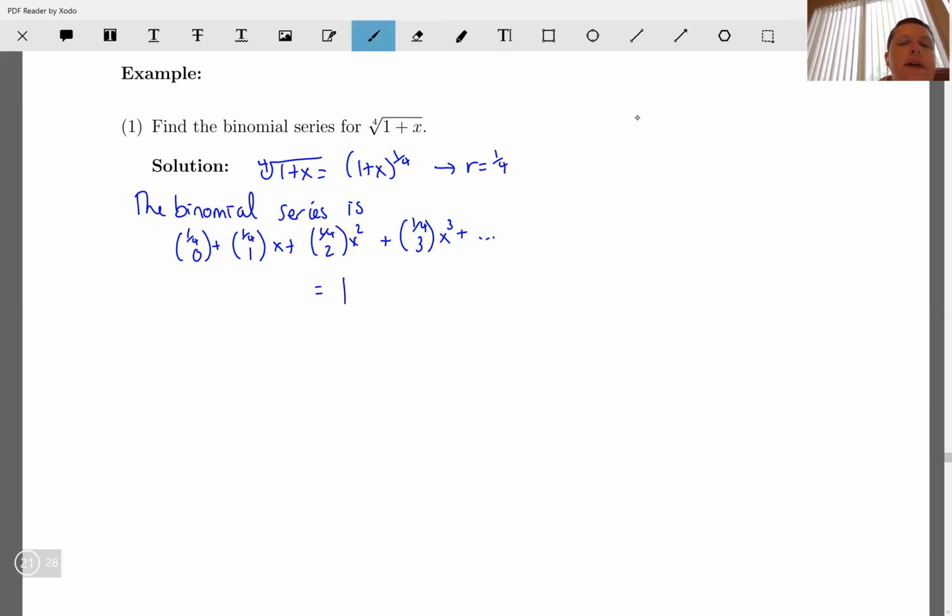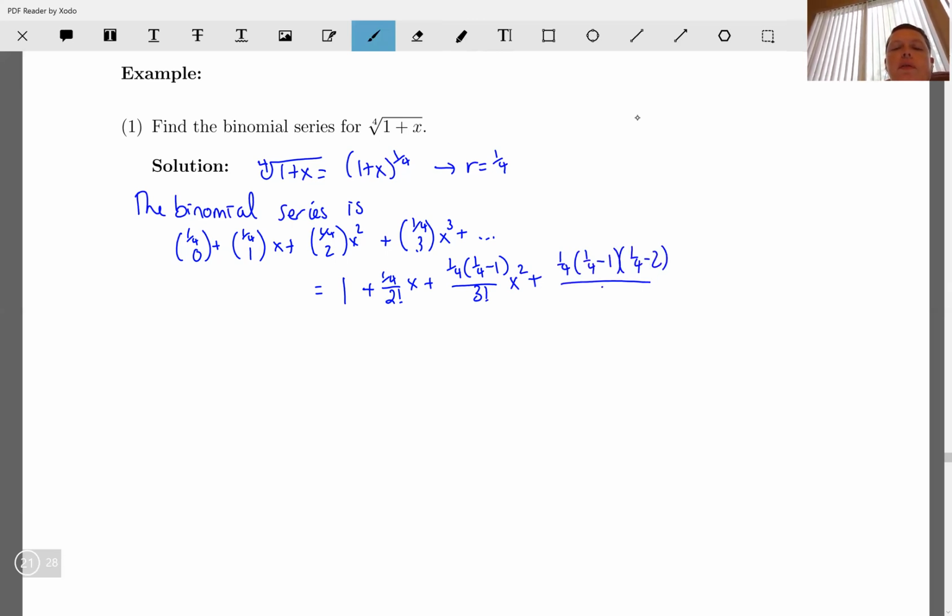Okay, so we're going to get plus 1/4 over 1 factorial times x plus 1/4 times (1/4 minus 1) over 2 factorial x squared plus 1/4 times (1/4 minus 1) times (1/4 minus 2) over 3 factorial, plus etc.